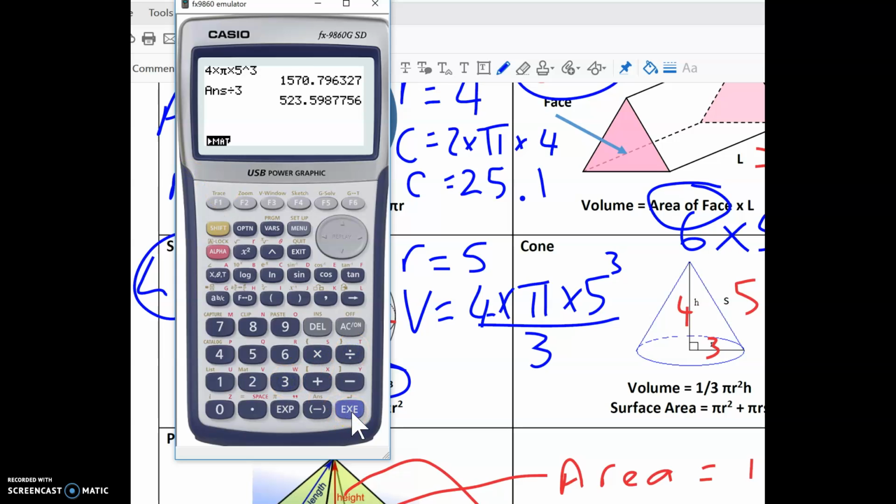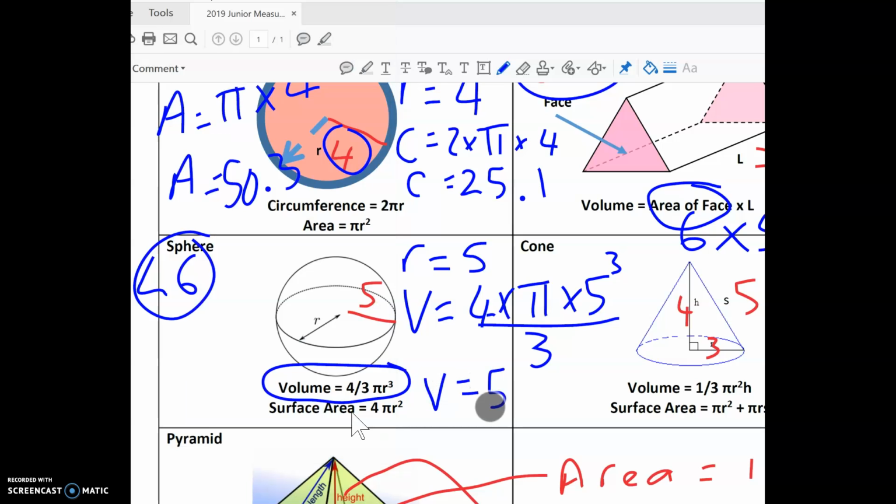So I've got 523.6. So the volume is 523.6. Okay, and if this was centimetres, it would be centimetres cubed.